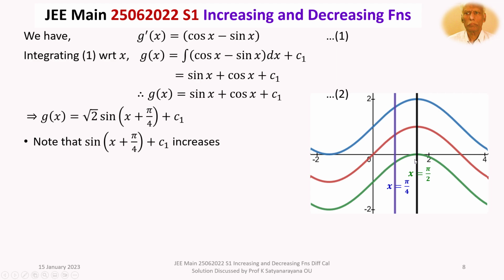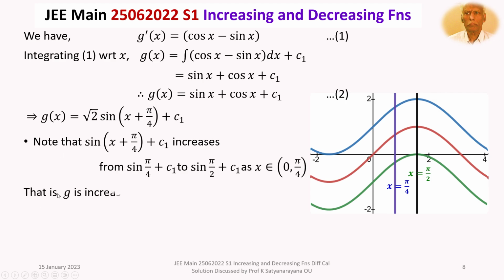So it increases from sin pi by 4 plus c1 to sin pi by 2 plus c1 as x moves from 0 to pi by 4. Wherever you are, either here or here or here, whatever it is, it increases. So this implies g is increasing in the open interval 0 to pi by 4.